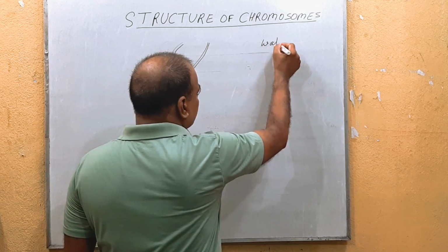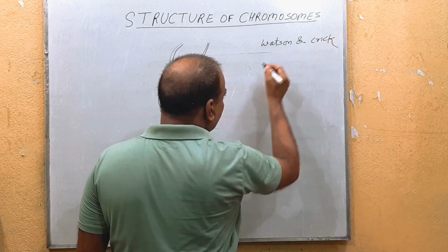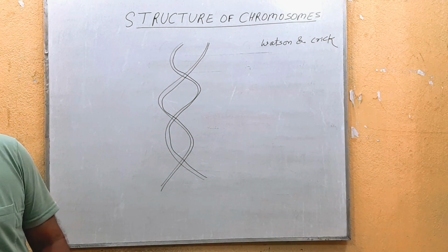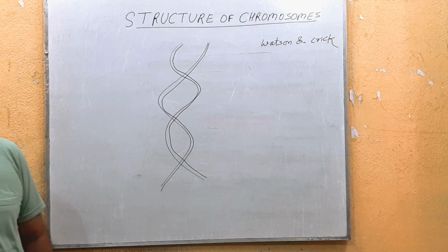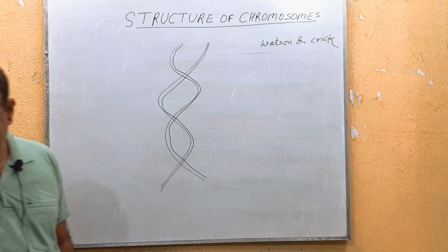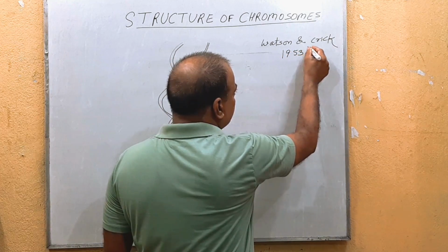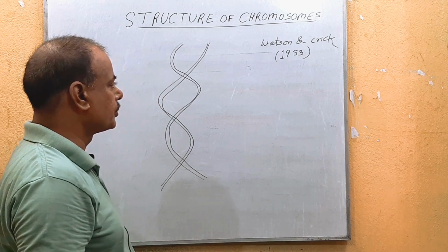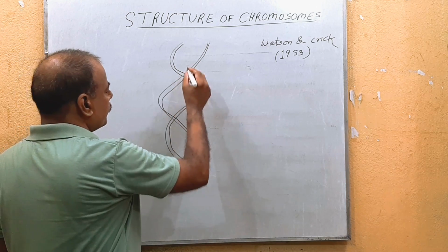So Watson and Crick were the persons who proposed a model of DNA which is known as the double-stranded, double helical model of DNA, and they proposed this in 1953.